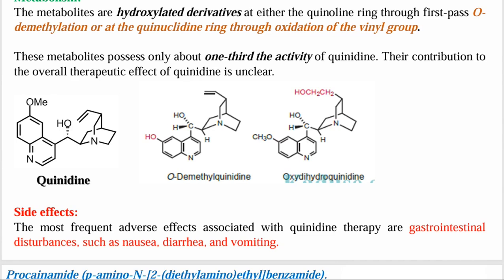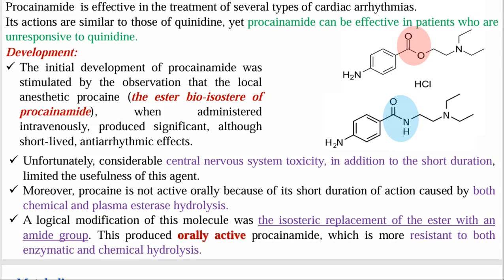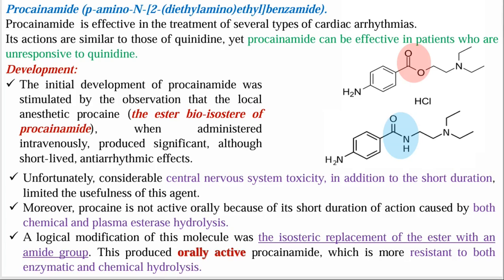Then we have the other local anesthetic antiarrhythmic drug, that is procainamide. Now this procainamide is effective in the treatment of several types of cardiac arrhythmias. Its actions are similar to those of quinidine, yet procainamide can be effective in patients who are unresponsive to quinidine.